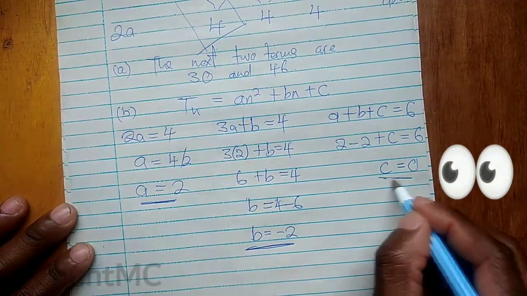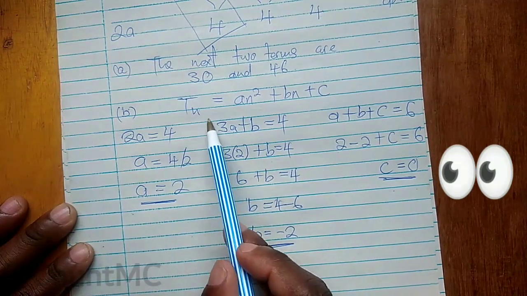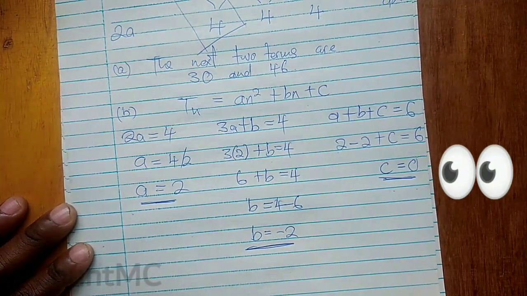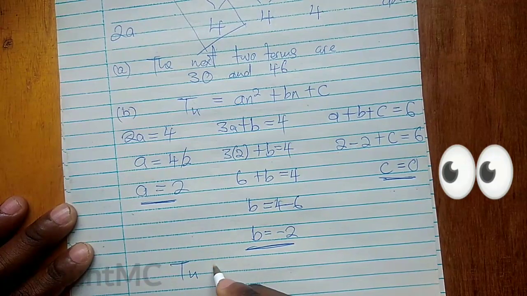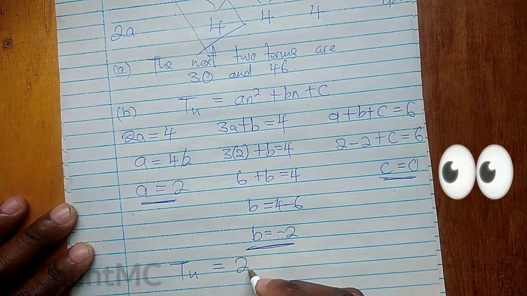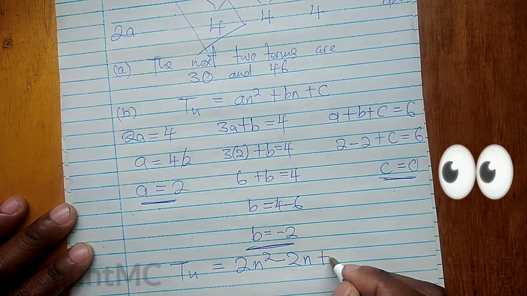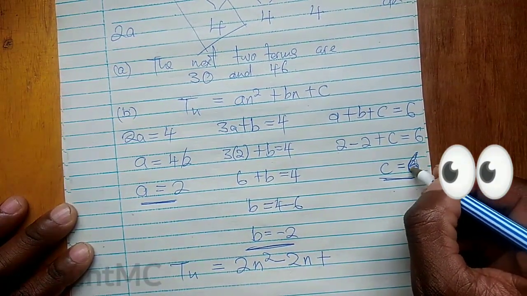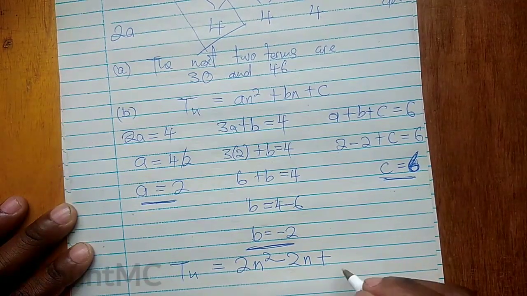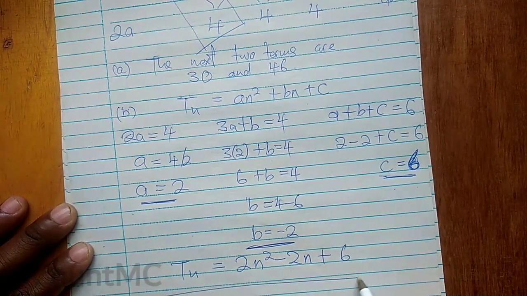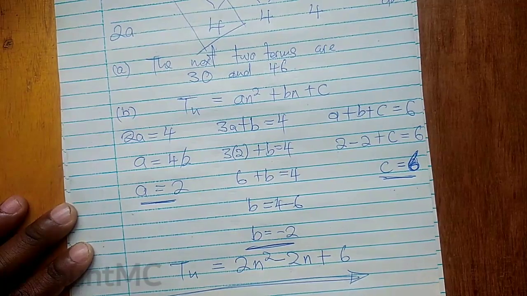So we now have A, B, and C. We substitute into that. So we have Tn is equal to 2 for A, n squared, B is minus 2, C is 6. So that's the equation which they are looking for.